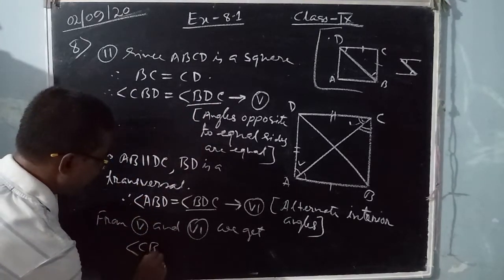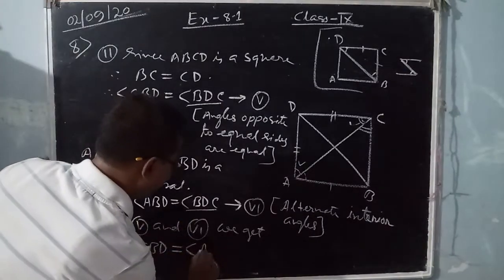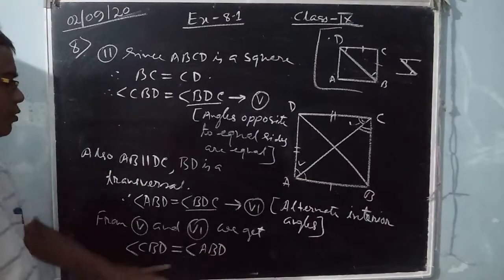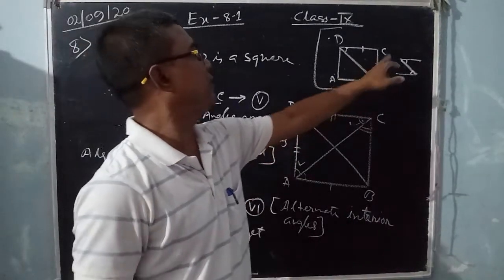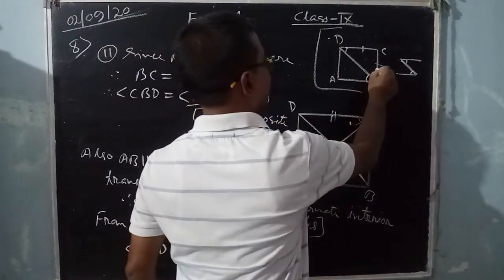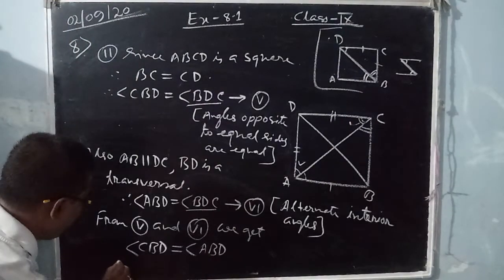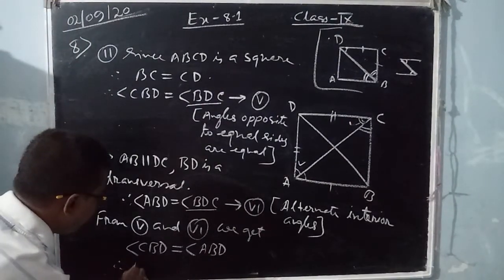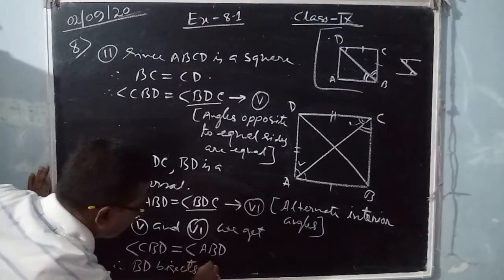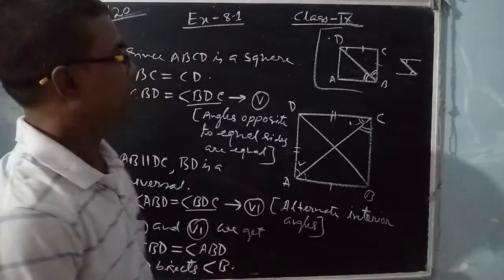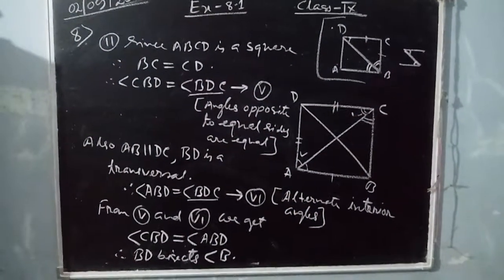If they are equal, it means BD bisects angle B. Therefore, BD bisects angle B.